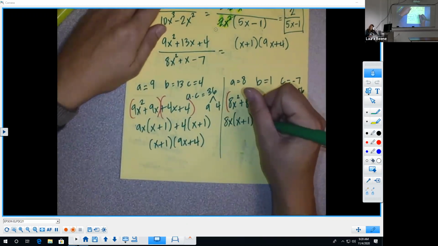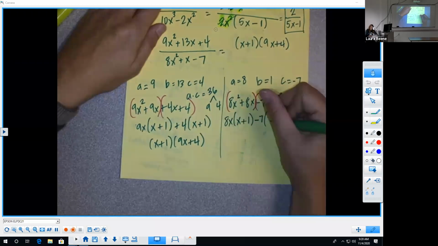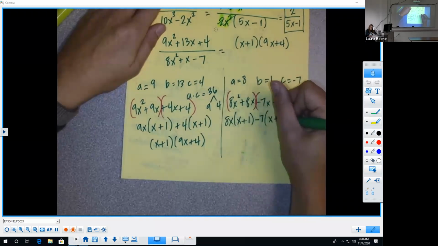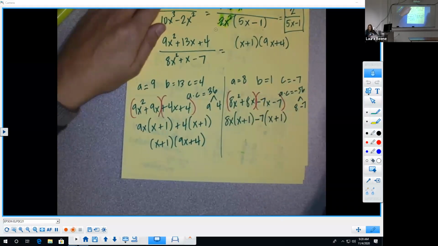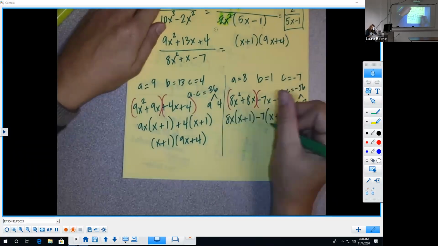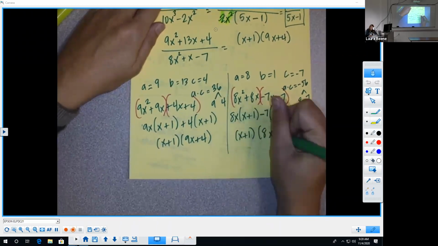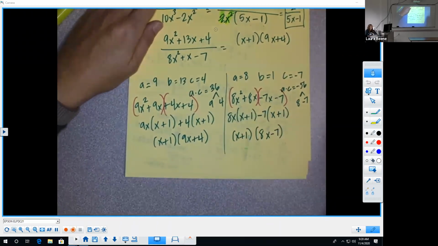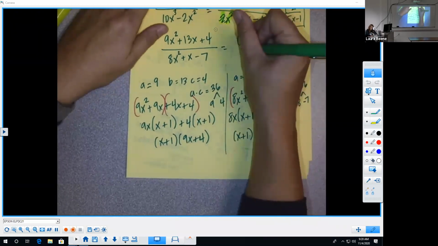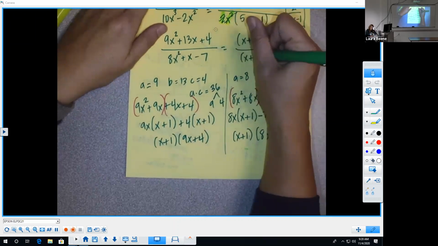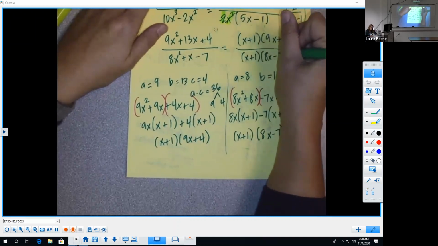I can pull out a -7, and left over is x plus 1. Okay, so then I pull out the x plus 1. Left over is 8x minus 7. So that's my denominator. x plus 1 times 8x minus 7.